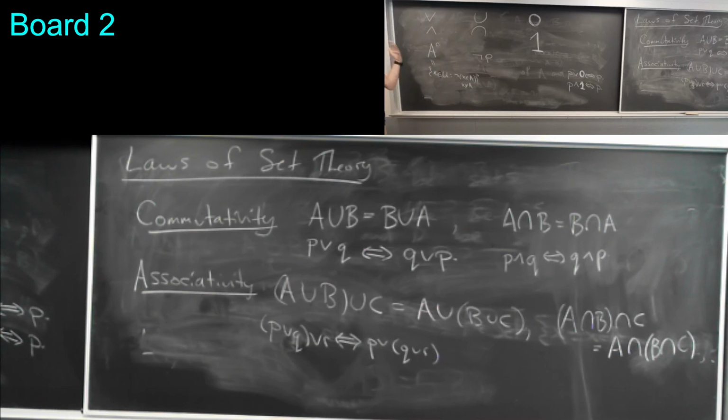With that in mind, does anyone have an idea of what's the set theory equivalent of the contradiction? Yep, exactly, the empty set. How about the tautology? That one's maybe a bit weird, but yeah. Exactly, yeah.